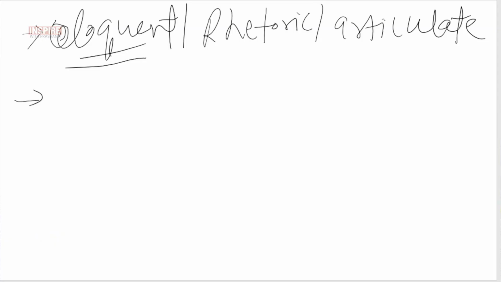When somebody knows how to articulate, that means he knows how to communicate effectively. So articulate, rhetoric and eloquent. We are continuing with the talk chapter, 3rd segment, which relates to talking effectively. Okay, moving ahead with the next set of the talk chapter.